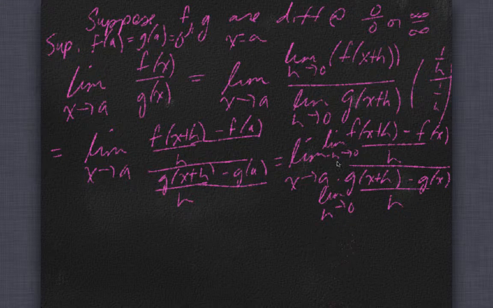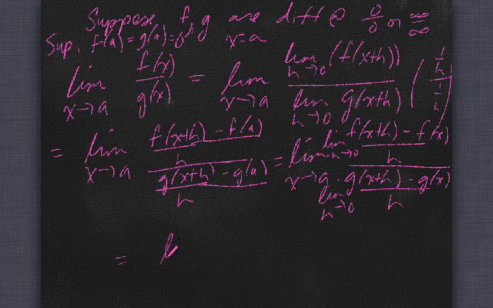So I'm letting h go to 0, which means that this part's going to f of a still, but this f of x over here is not being affected by these limits, right? f of x and g of x don't have an h anywhere. So this limit doesn't affect them, but this outside limit does. So that's a replacement for f of a, g of a.